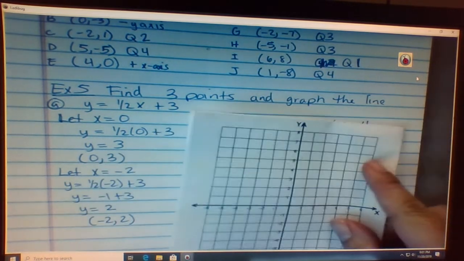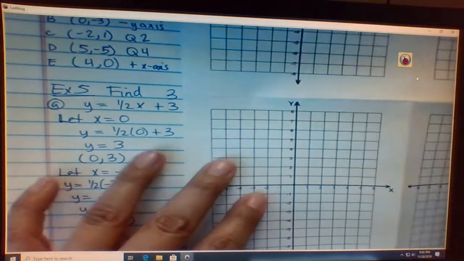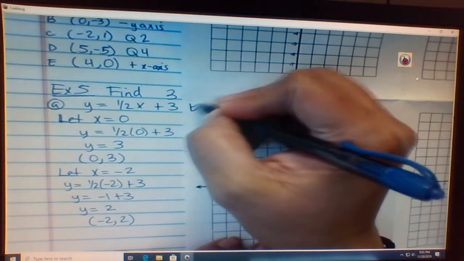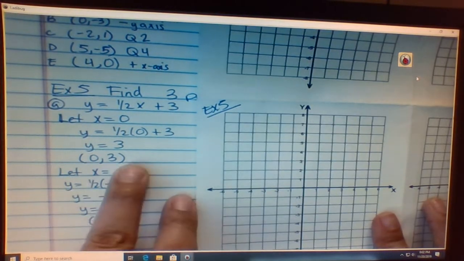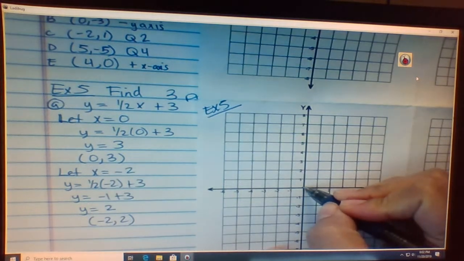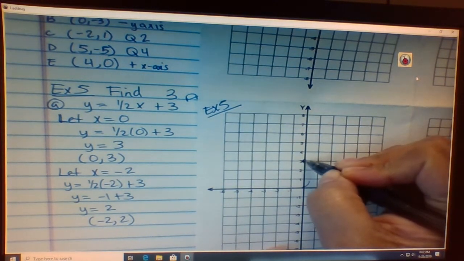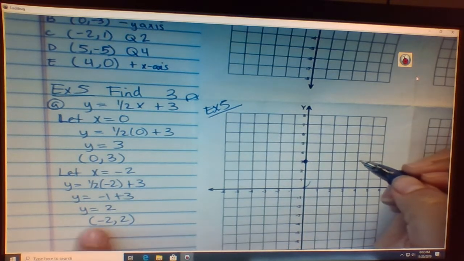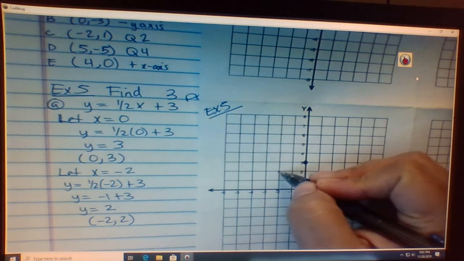So here, underneath example 3, I'm going to graph example number 5. And the points are 0, 3; 3 is here. If I do this one, it is -2, 2.